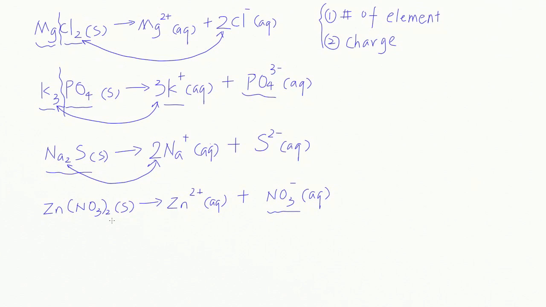Because you have two NO3- on the reactant side, you have to have two of them on the product side. So the charge is balanced, the number of the elements are balanced, so you are good. Again, the 2 comes from the formula of the zinc nitrate.